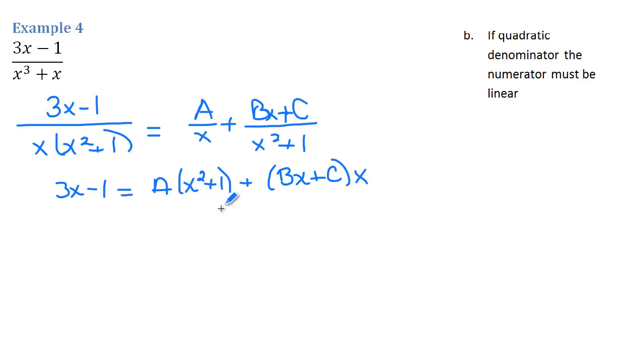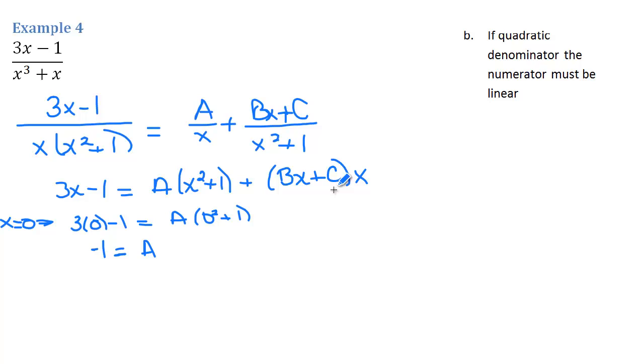So let's pick some nice numbers again. If x is 0, all of this goes away. So 3 times 0 minus 1 will be equal to a times 0 squared plus 1 plus 0. So negative 1 is now equal to a.